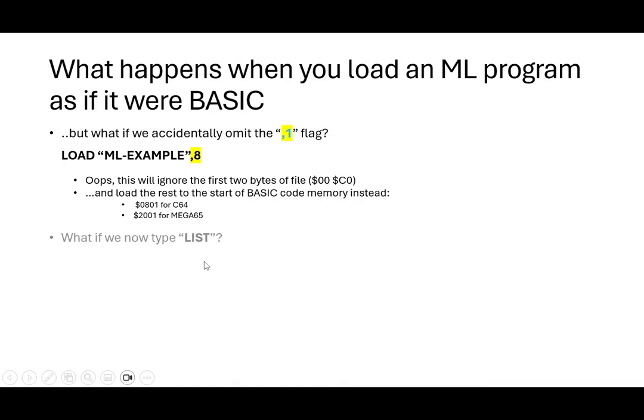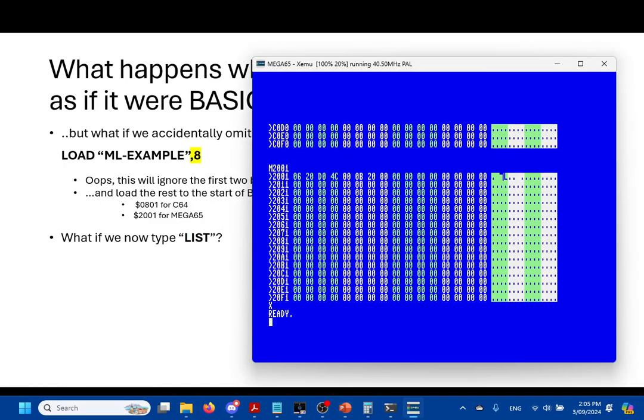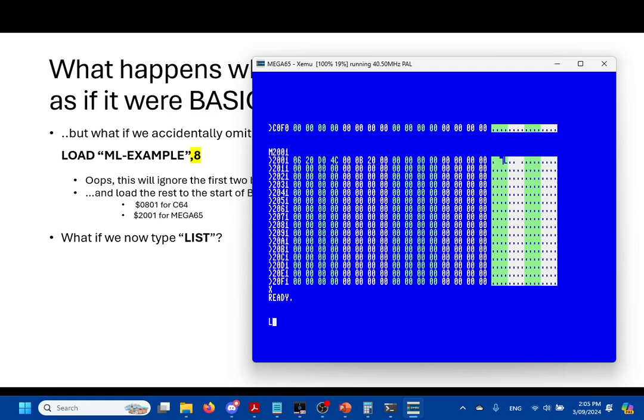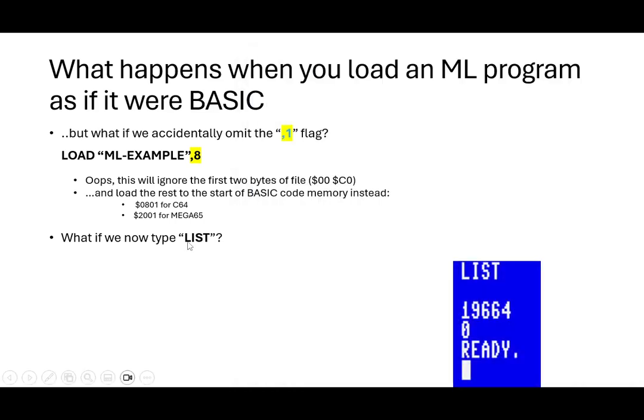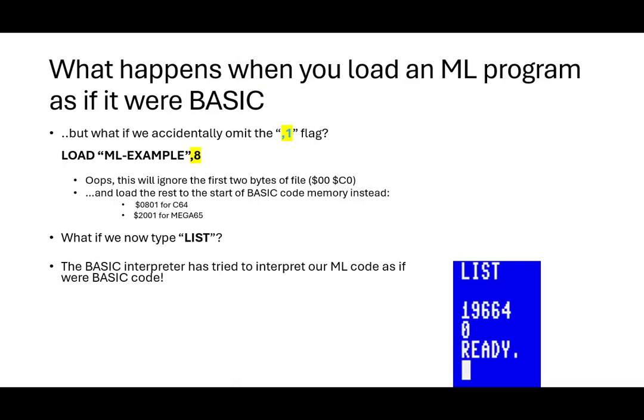Okay, well, something happened. But if we were to type list now, after doing load ml example, comma 8, list now shows all this garbage instead. So what's going on there? Whenever you type list, BASIC looks at the start of BASIC memory and assumes there's a BASIC program there.